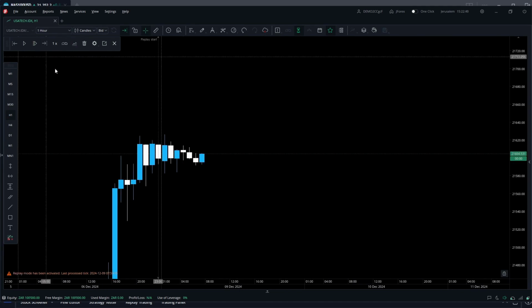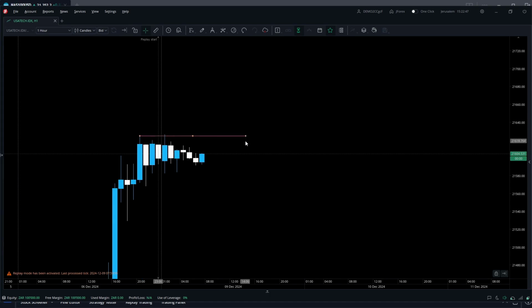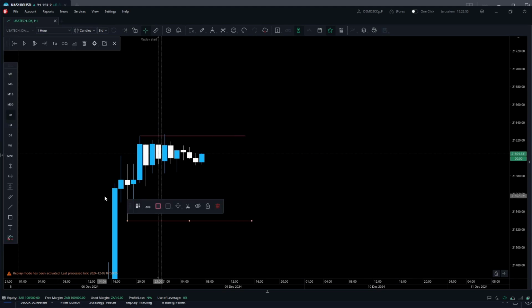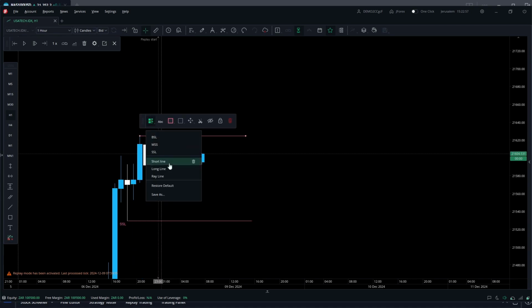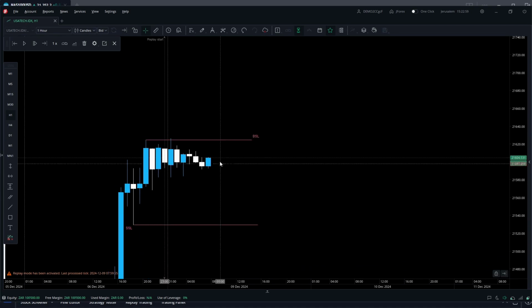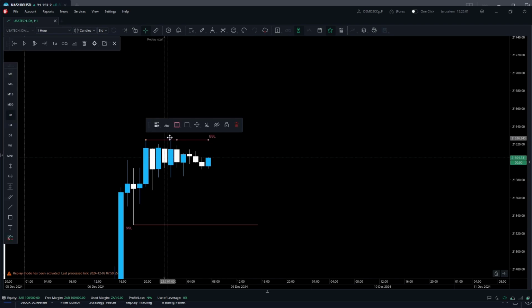We see that we have our previous day high right here, and we've got sell side liquidity resting here. So sell side and our buy side. You see that price sweeps buy side, but we don't displace, so therefore we just create another high.